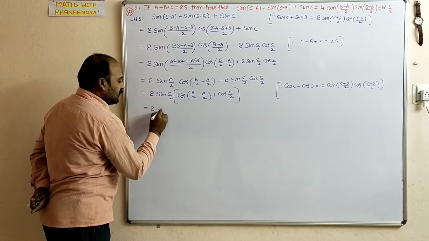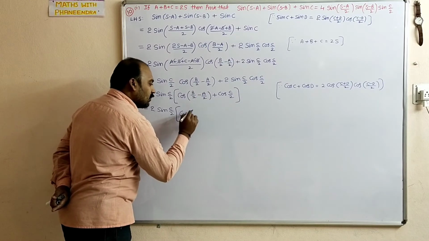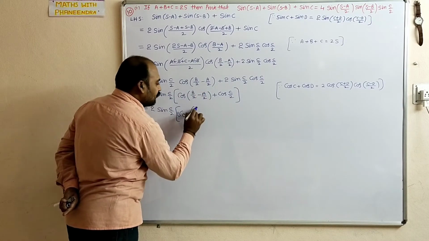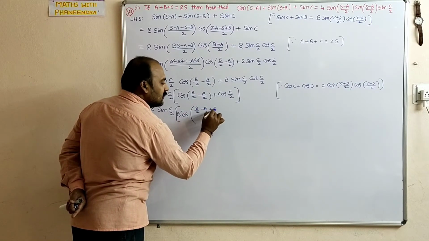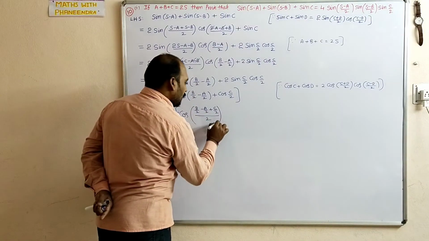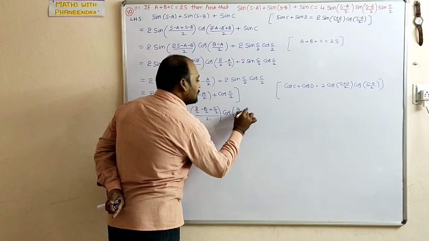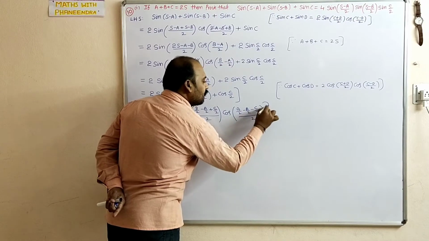2 into sin c by 2 into 2 into cos of c plus d by 2, that is b by 2 minus a by 2 plus c by 2, whole divided by 2, cos of b by 2 minus a by 2 minus c by 2 whole divided by 2.